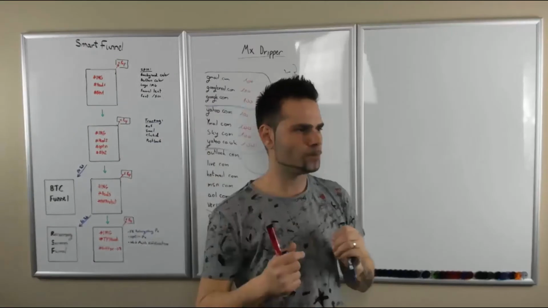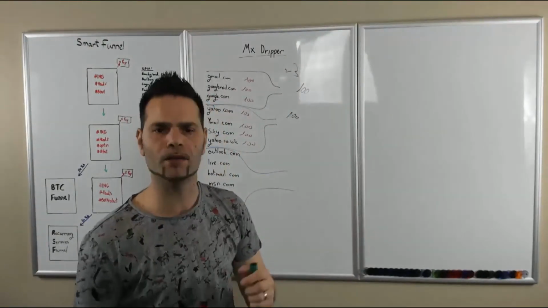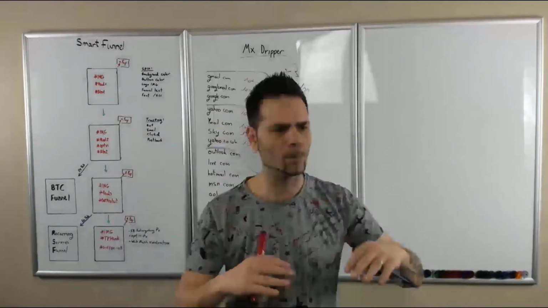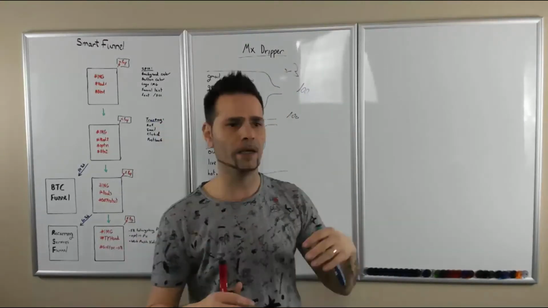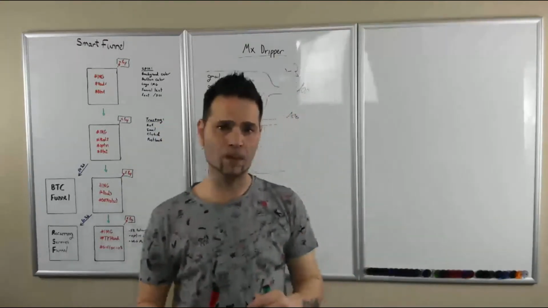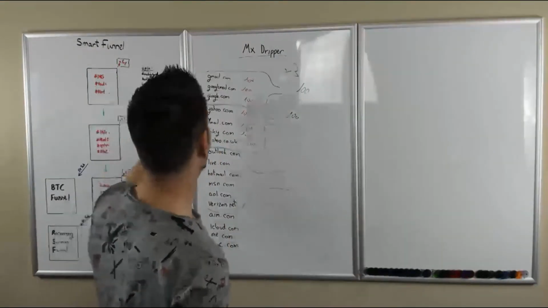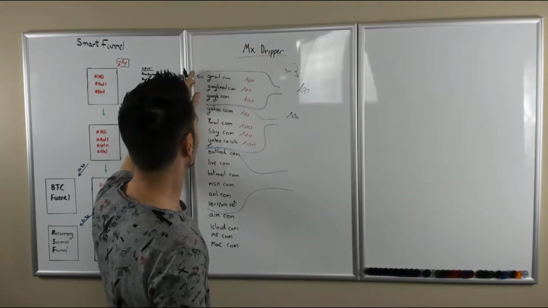So if we have a small server with only 5 IPs and we want to keep it warming up slow and good and steady, we will set up the MX Dripper for, let's say, 50 per MX per hour.